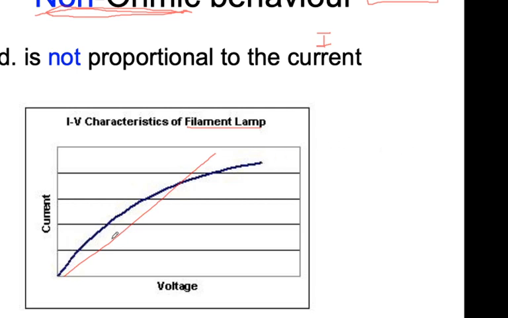So some materials are non-ohmic, and different effects like the heat and the intermolecular forces between the atoms within the wire will actually get rid of this proportional relationship between current and voltage, and we'll see this non-proportional relationship instead.